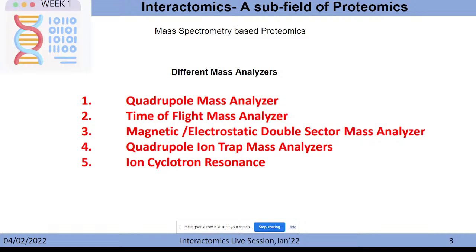You have the time of flight mass analyzer, and you have ion trap mass analyzers. So these are the different mass analyzers.